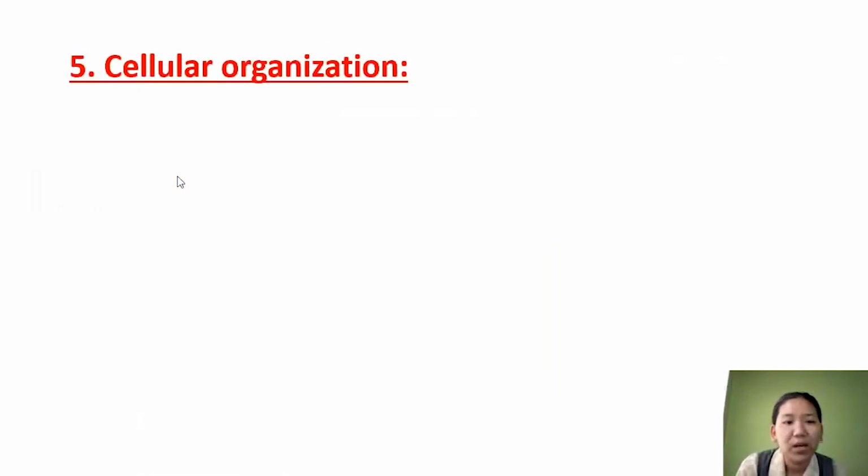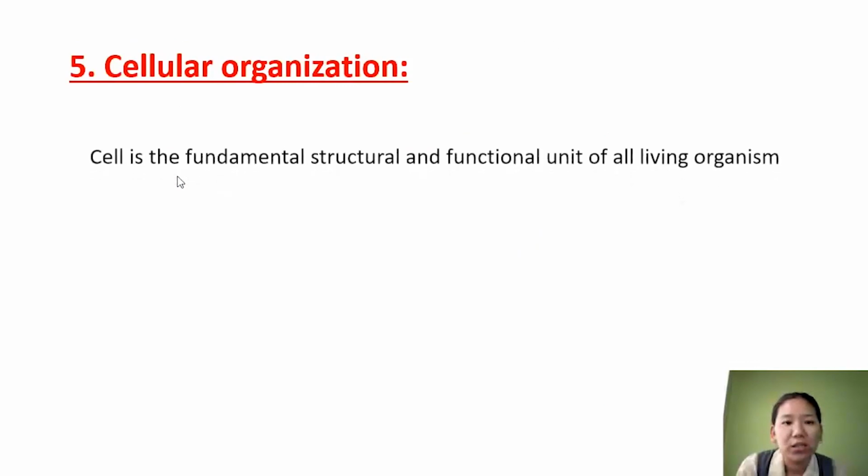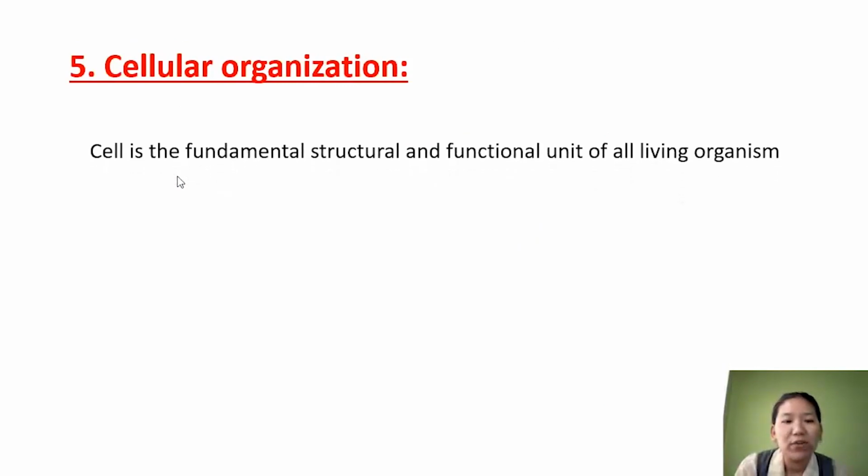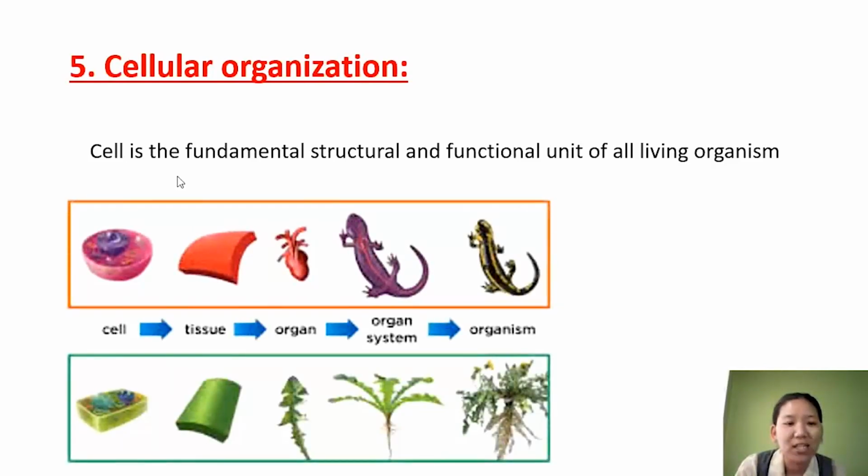Next, cellular organization. Cell is the fundamental structural and functional unit of all living organisms, and these cells aggregate together, function together to form a tissue. The property of a tissue is not found in the individual cell.